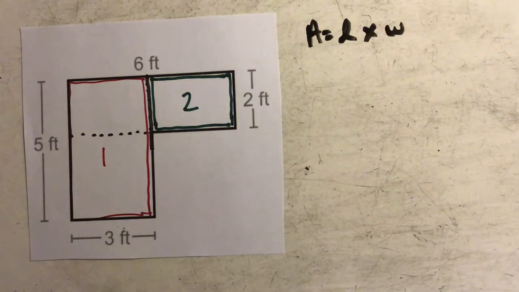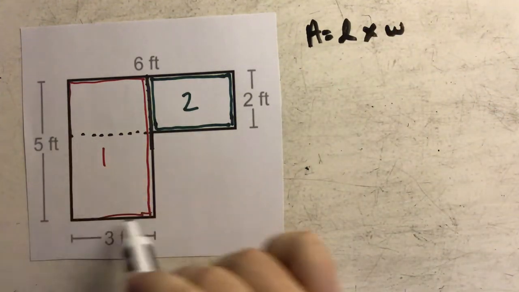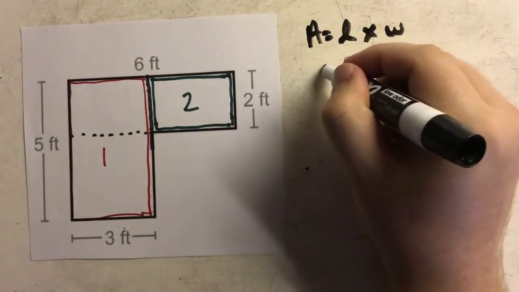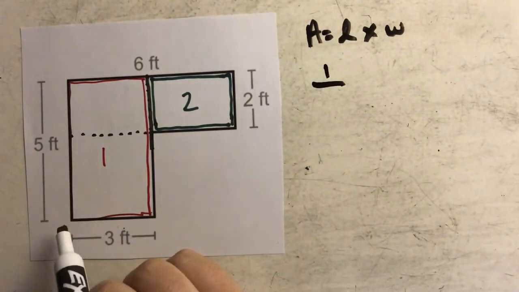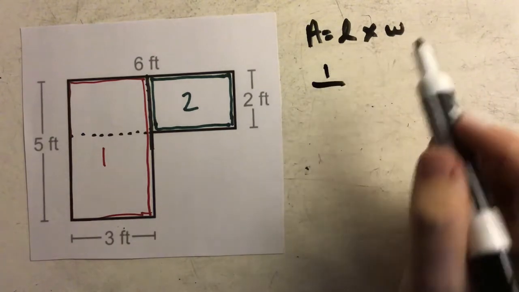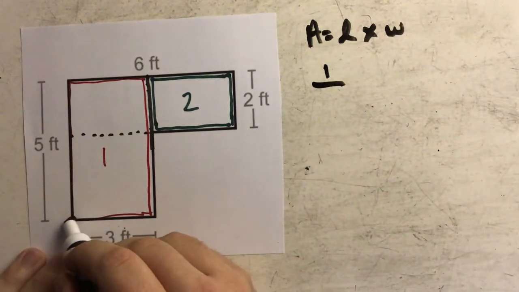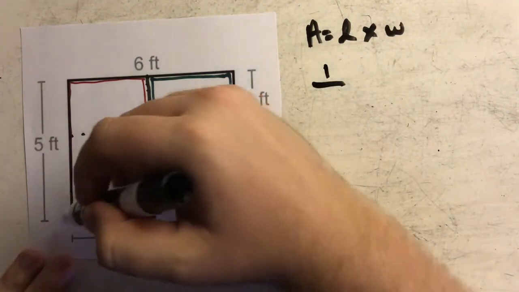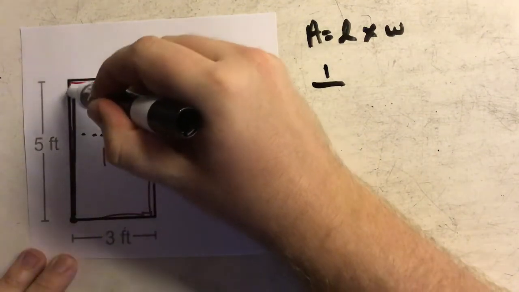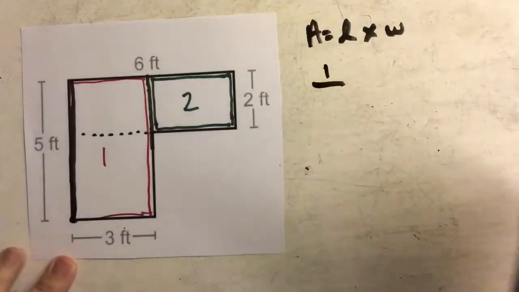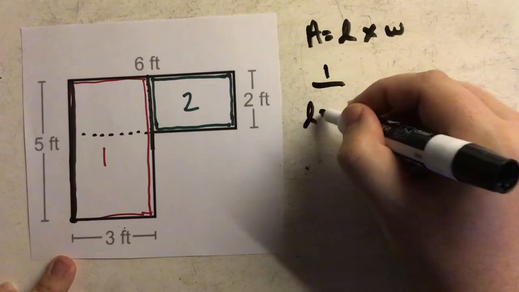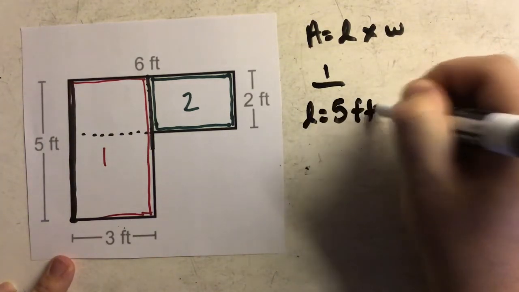So, taking a look at rectangle 1 to begin with, we need to identify the length and the width. If I choose any point where two lines meet, I can see the length for this rectangle is equal to 5 feet. So the length is 5 feet.